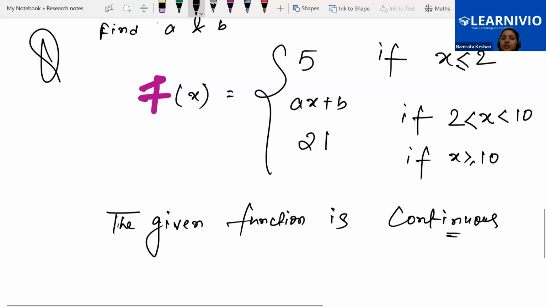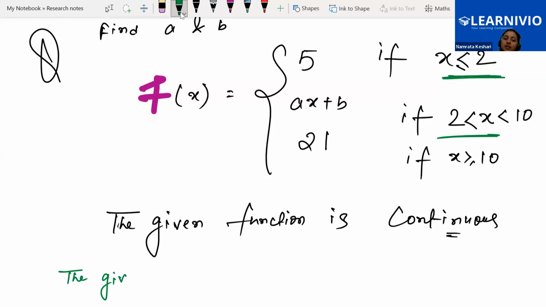So if it is a continuous function, we will check the points where the function is getting changed, towards the left of 2, towards the right of 2, right? We will say that since the function is continuous, it must be continuous at x equals 2. We will say the given function is continuous.